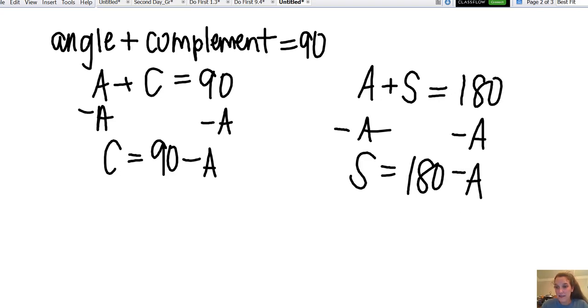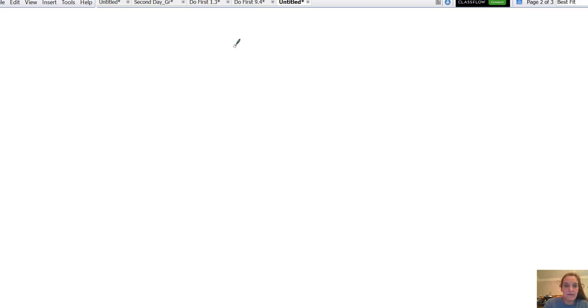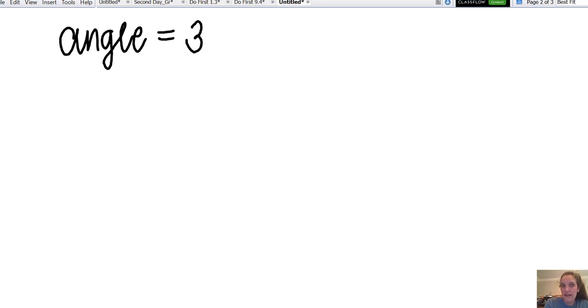So this could come in handy when I give you something where the angle isn't just A. What if the angle was 3x minus 10? We wanted to find the complement and the supplement of that angle, 3x minus 10.